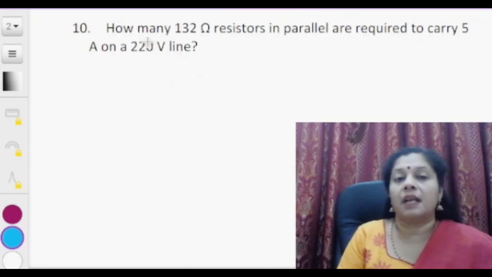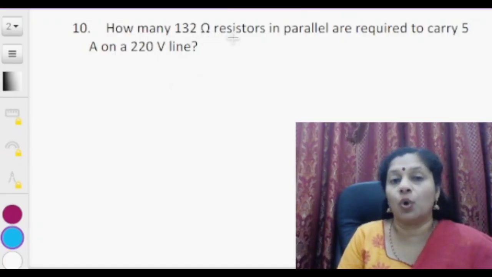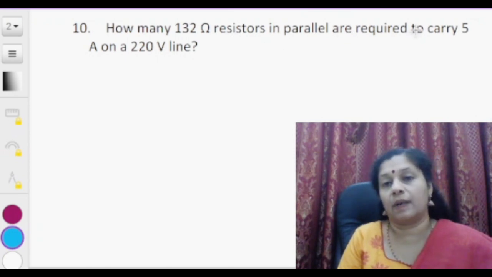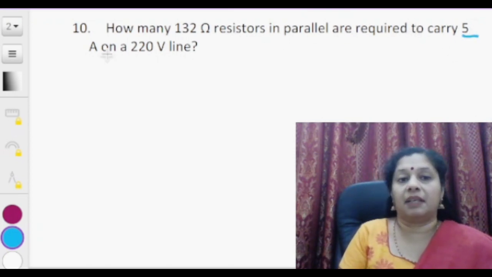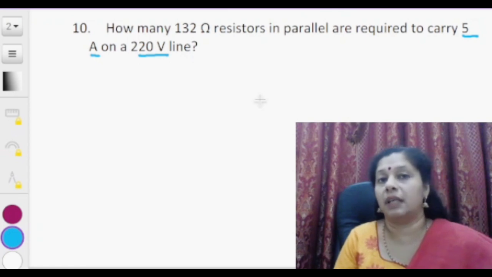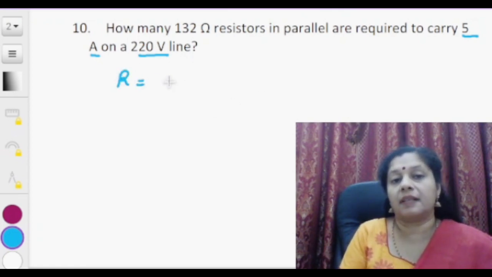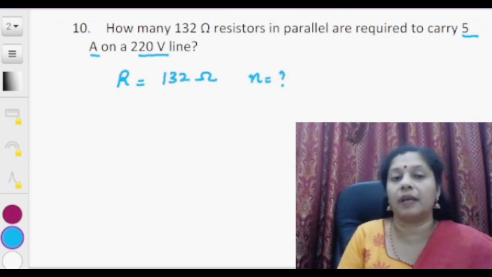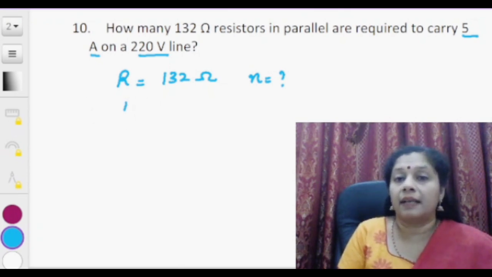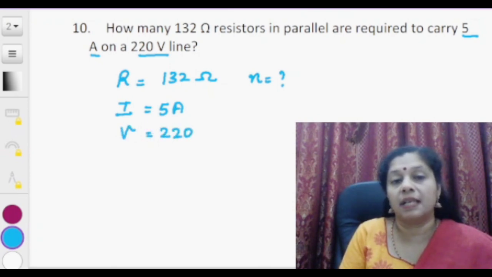So the next question, how many 132 ohm resistors in parallel are required to carry 5 ampere current on a 220 volt line? So here each resistor is having a resistance of 132 ohm, but we do not know how many of them are required. Then current we need is 5 ampere, and potential difference available is 220 volt.